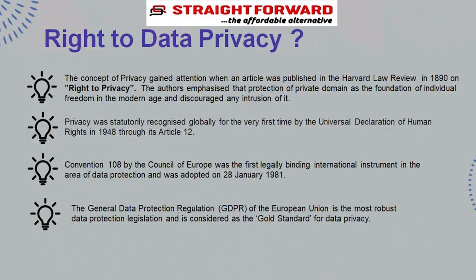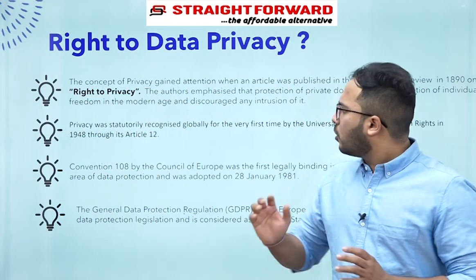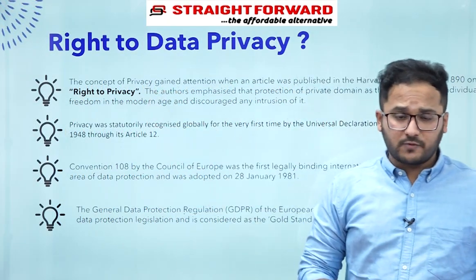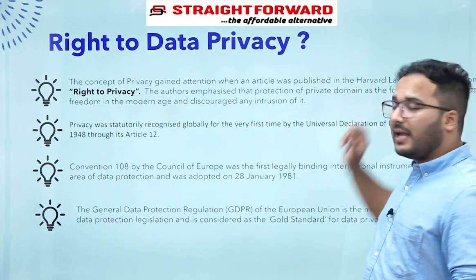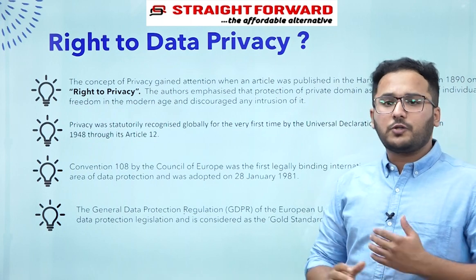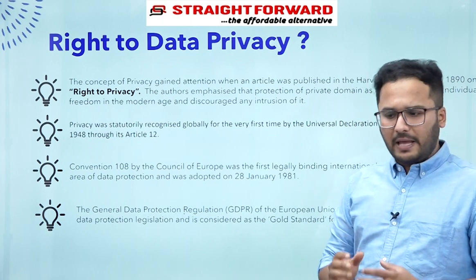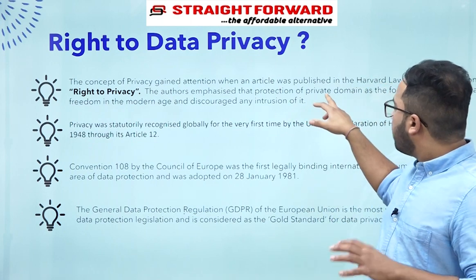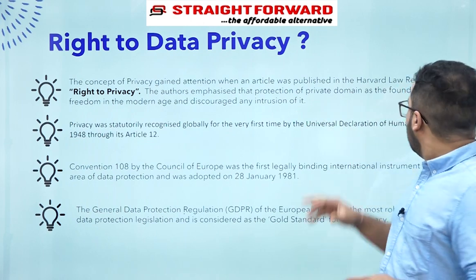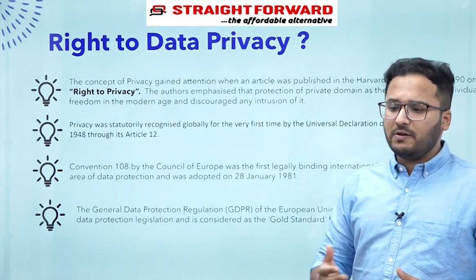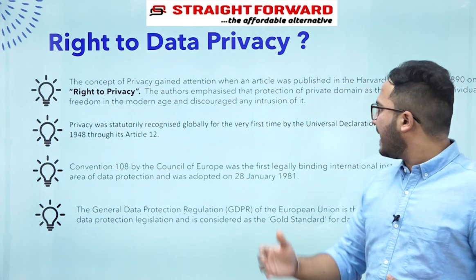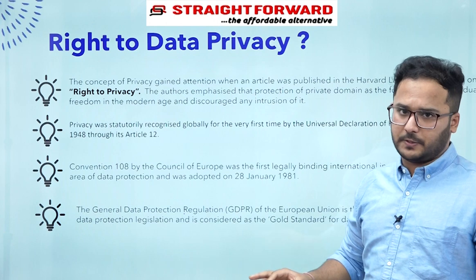So let's quickly track the development of right to data privacy as a concept. The concept of privacy gained importance for the first time when an article was published in the Harvard Law Review in 1890 on right to privacy, wherein the author emphasized that the private domain of an individual is the foundation for freedom in the modern age, and even went ahead to discourage any kind of intrusion of it.